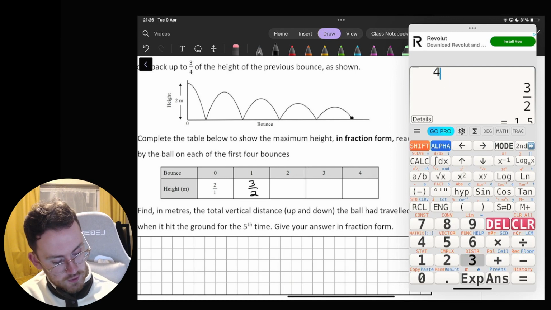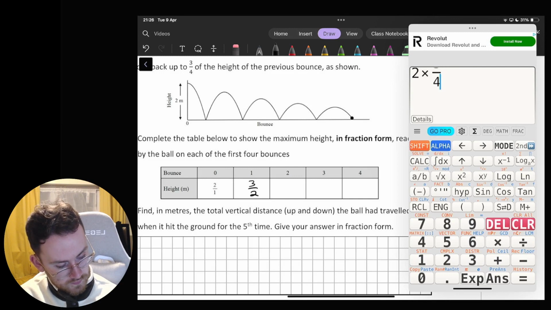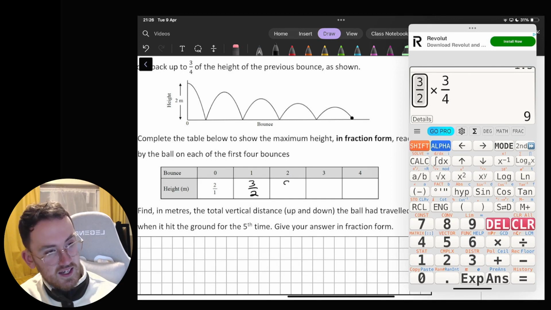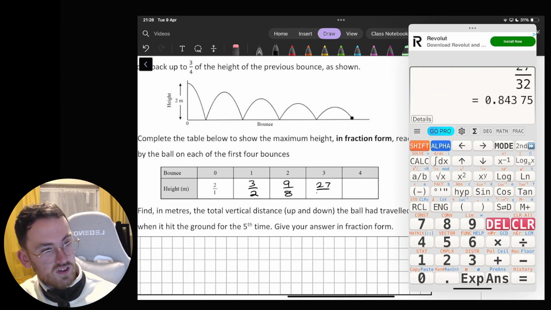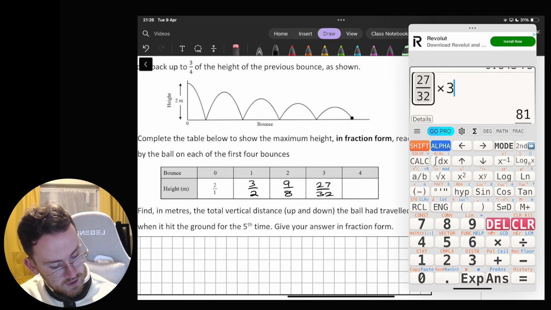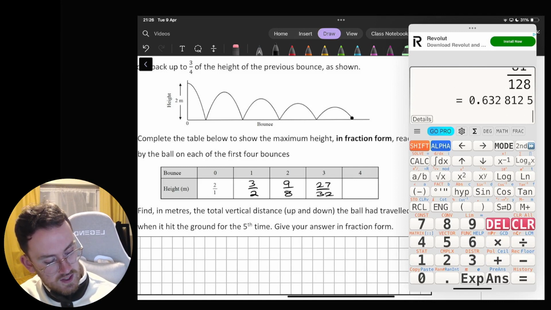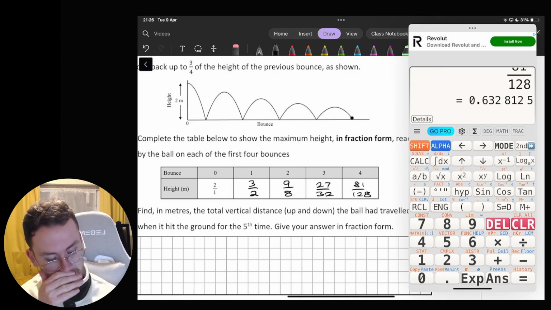If we multiply that by 3/4 to get our next height, that's going to give me 9/8. Multiplying that by 3/4 is going to give me an answer of 27/32. And multiplying that by 3/4 is going to give me an answer of 81/128. Just multiply by 3/4 each time.